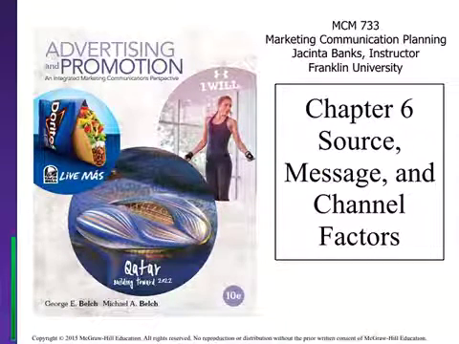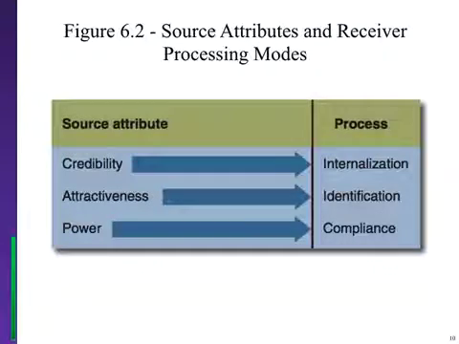So understanding that communication process is important. Looking more specifically at the source, the message, and the channel is what we do in Chapter 6. The source is the initiator of that message, and there are 3 key factors that are discussed in the book that will impact the source and how the source is perceived.